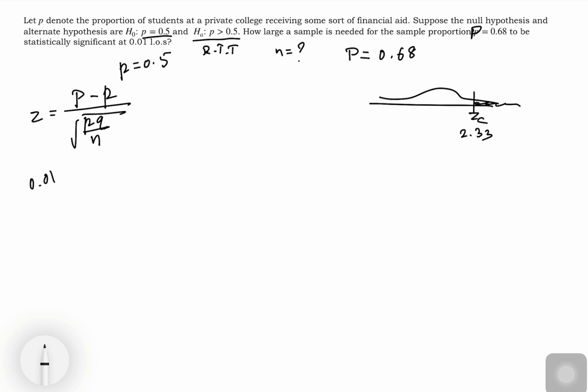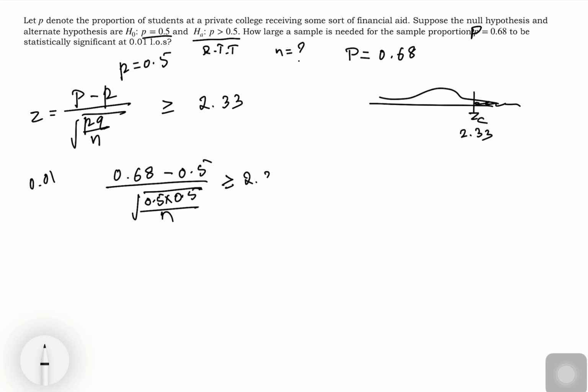So we need this to be greater than or equal to 2.33. So let us substitute all the values given. Capital P 0.68 minus 0.5 divided by root of 0.5 times 0.5 divided by N to be greater than or equal to 2.33.